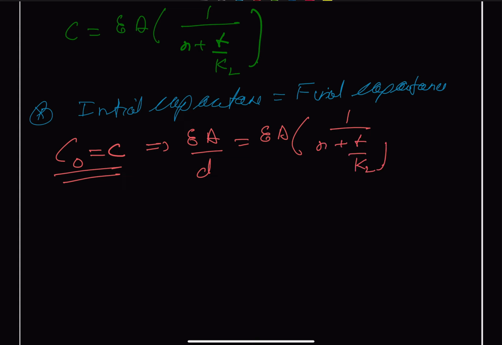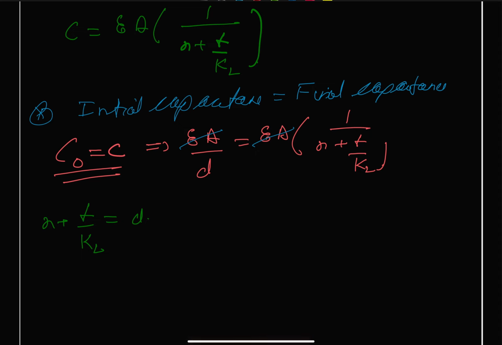Epsilon naught A cancels out, and we can write this as X plus T upon K2 is equal to D.